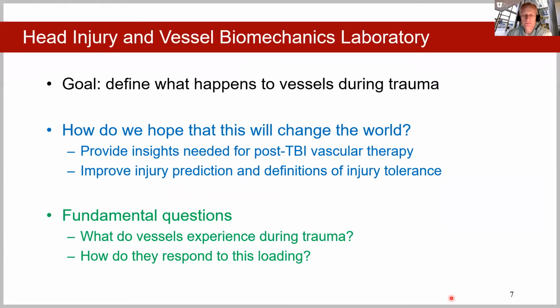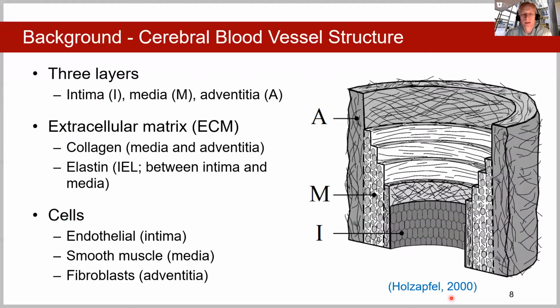So these hopes lead us to two fundamental questions. One is, what do vessels experience during trauma, and how do they respond to this loading? Okay, so I'm just quickly going to show this image of a blood vessel so you can appreciate a little bit of its structure if you don't already. There are three distinct layers in almost all blood vessels: inner, middle, and outer, intima, media, and adventitia.